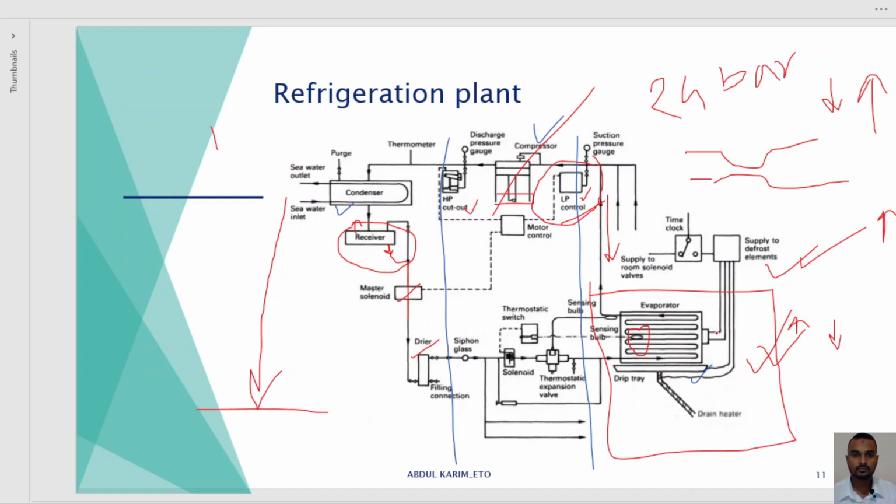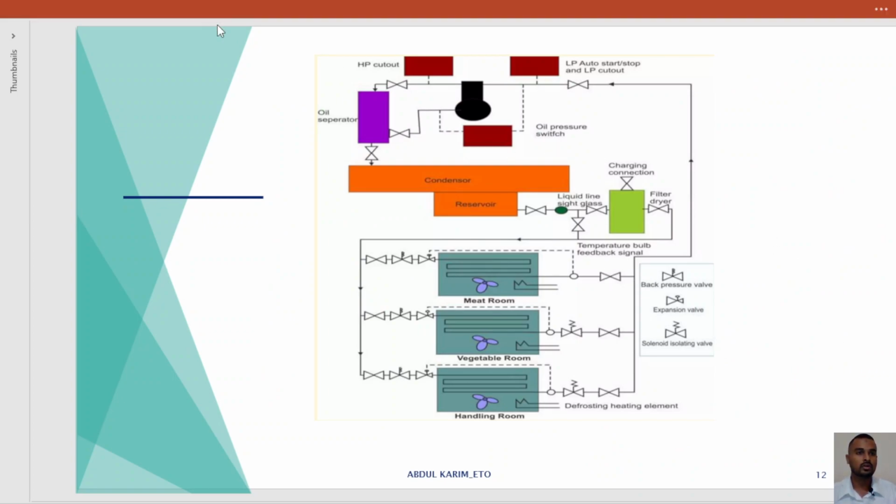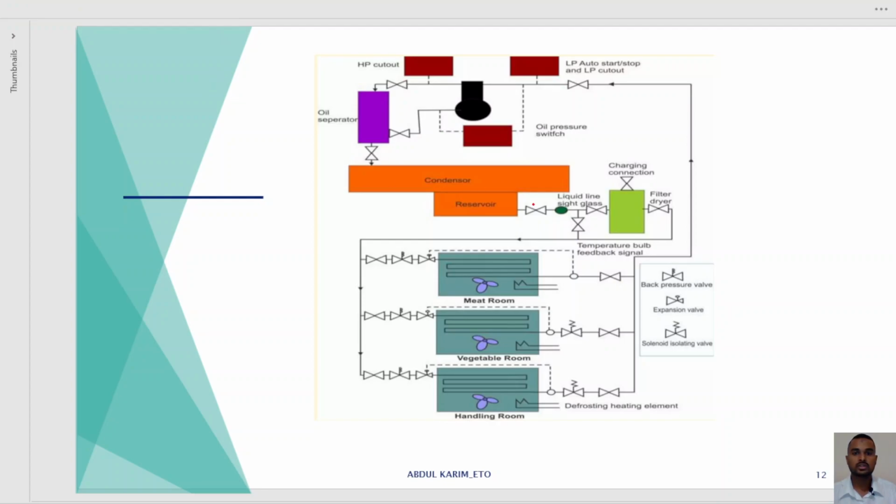Okay. Let's see another simplified view of the refrigeration plant. Here we see almost all the elements from the previous slide, but there are some other elements. Here we see the oil pressure switch newly and the oil separator.